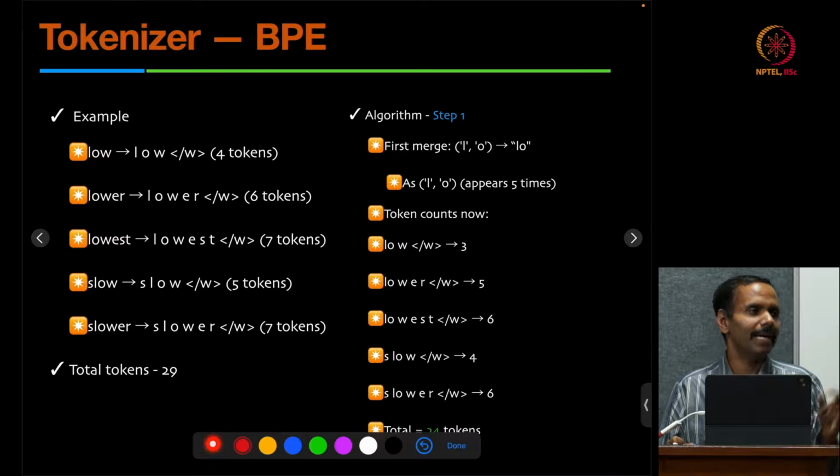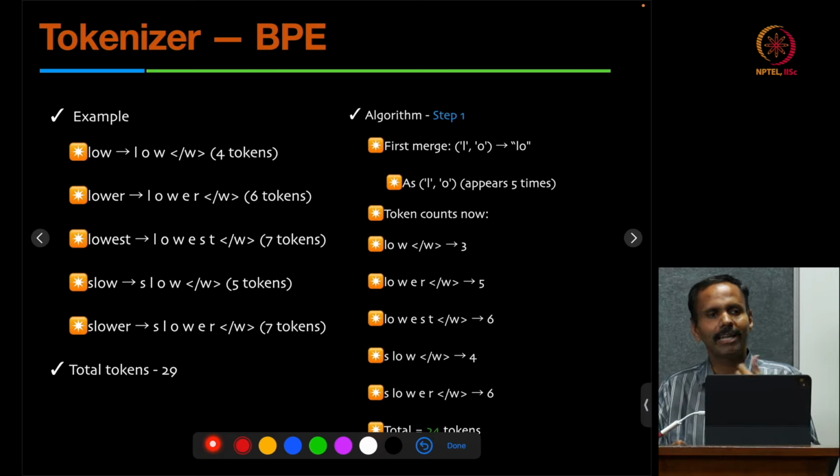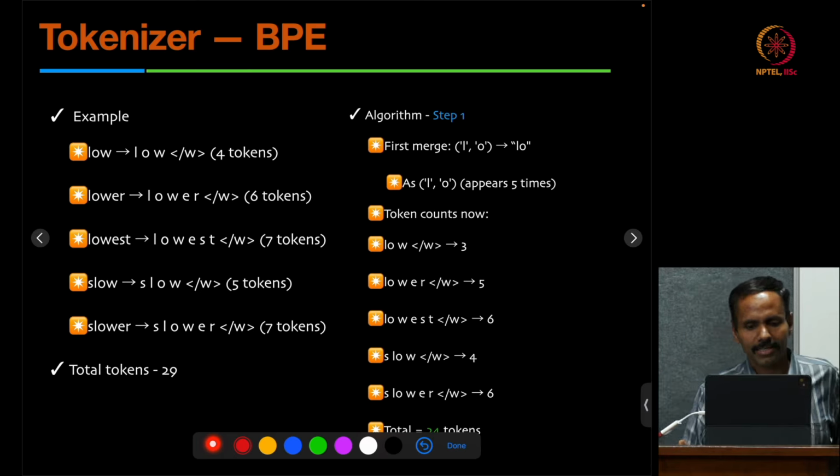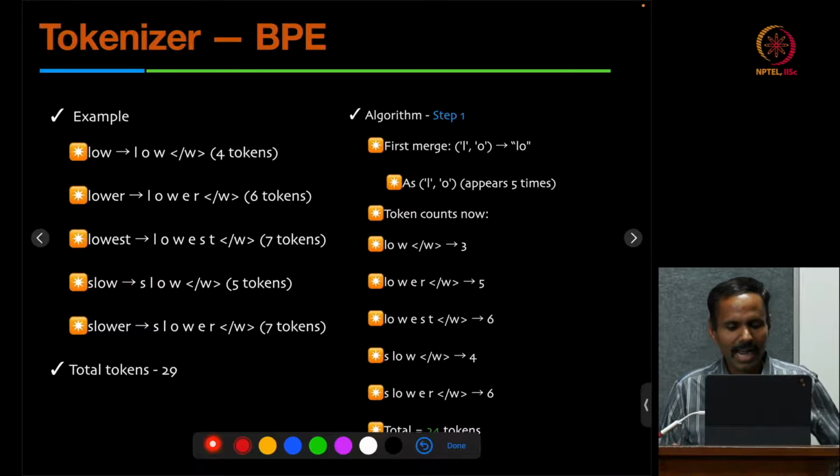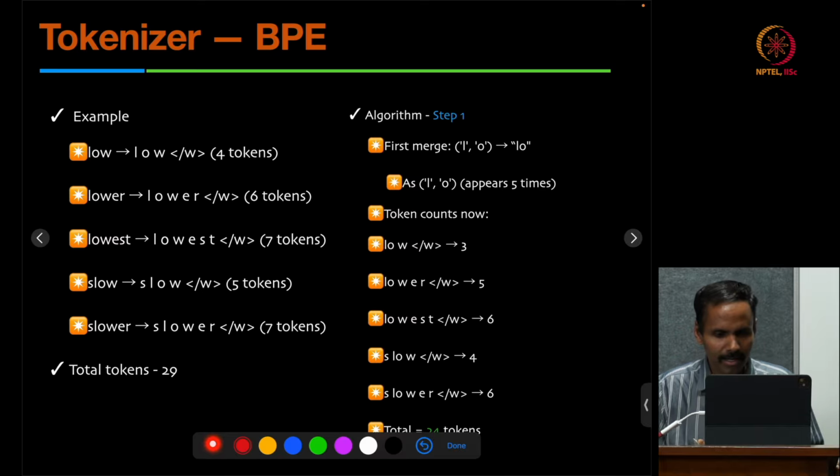Now LO became a token. Now you can see the word low became just 3 tokens because LO is a single token, W is the next token, and end of word is the third token, and so on. And if you now make the count, it already became around 20% lesser, right?